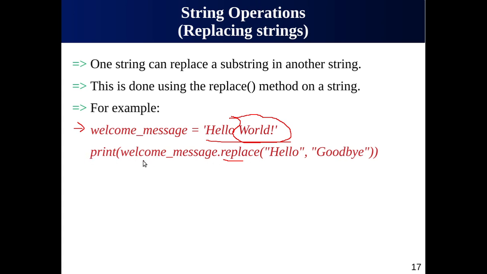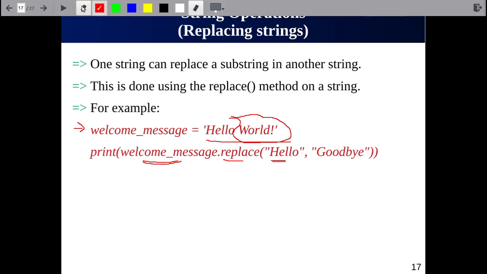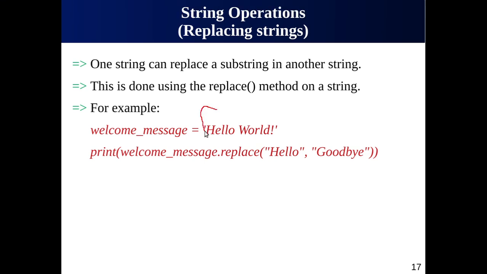First, you have to write the name of the string, which is welcome message, and then the name of the method, the function, that is replace. And then you have to provide, sorry, I do not want to replace the world. I want to replace the hello with goodbye. The syntax is like this: old text, the old string that you want to replace, and the new string with which you want to replace.